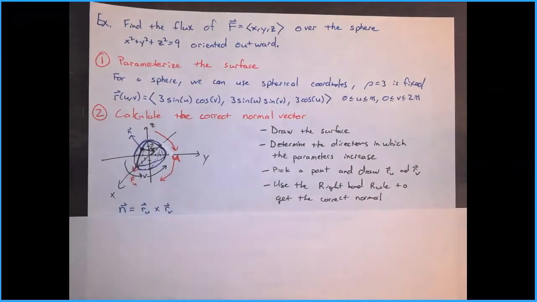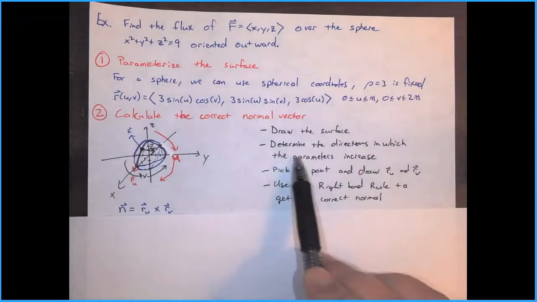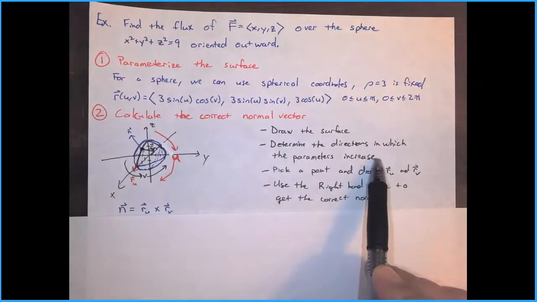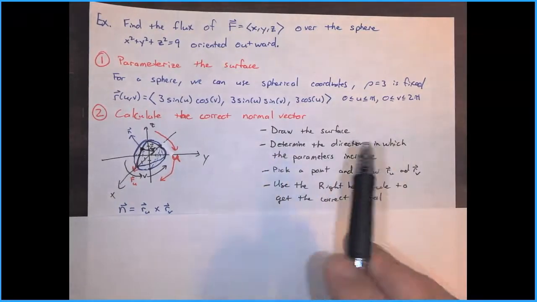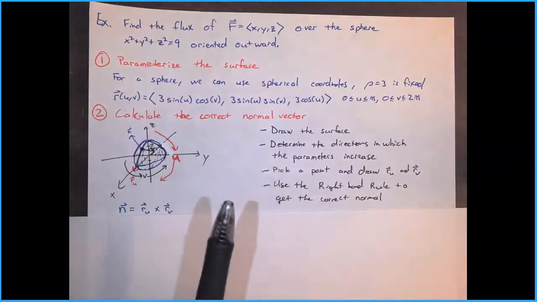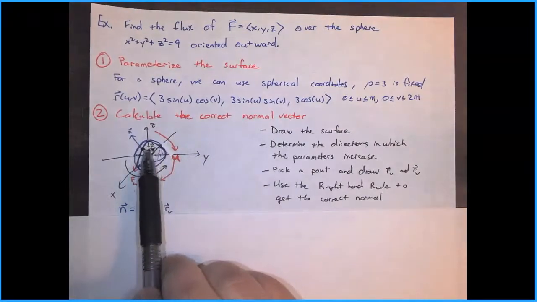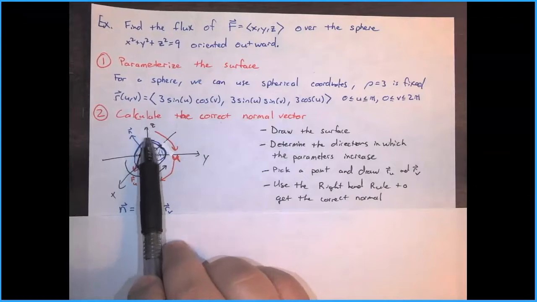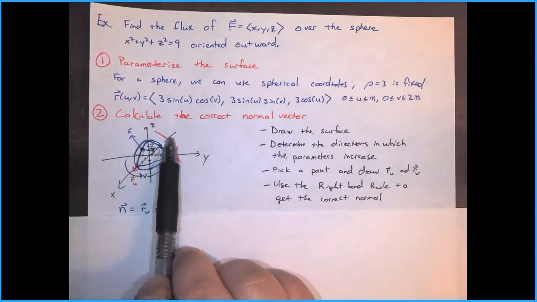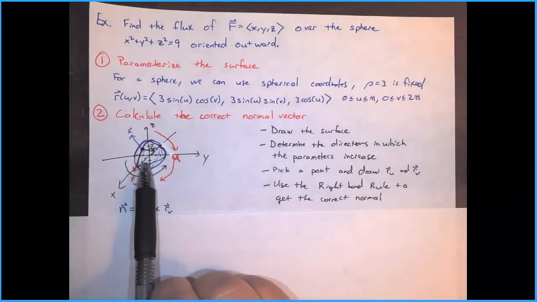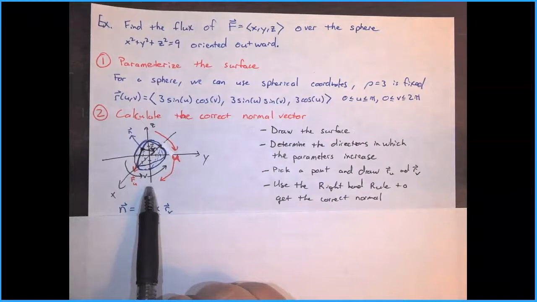Let's pretend that's a sphere of radius 3, and determine the directions in which the parameters increase. So this might be a little challenging, but if we look at a sphere, our u variable is the same as a phi in spherical coordinates. So I know that phi is 0 in the positive z-axis, and then as we travel in this direction and get to the negative z-axis, it increases to pi.